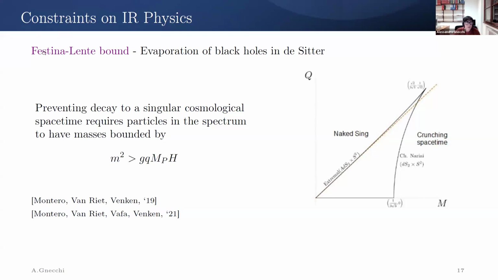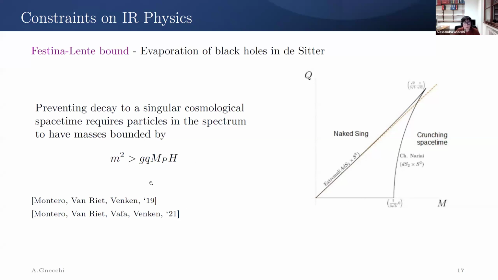Because this bound, the Festina Lente bound, looked at black holes in de Sitter space. And in de Sitter, in addition to the extremal black hole line, since there is also in the game the cosmological horizon, there's a phase space that is cut and it looks like a shark fin.